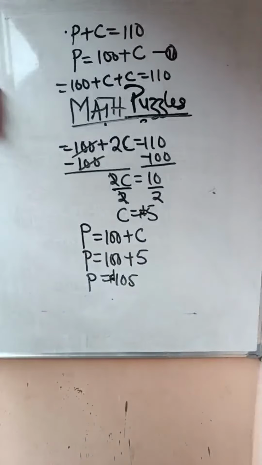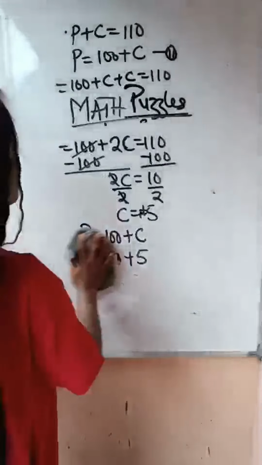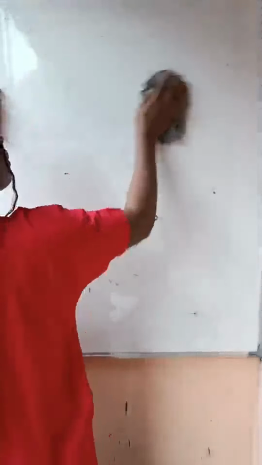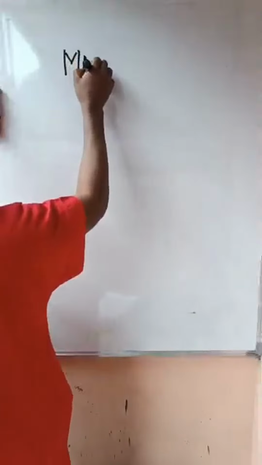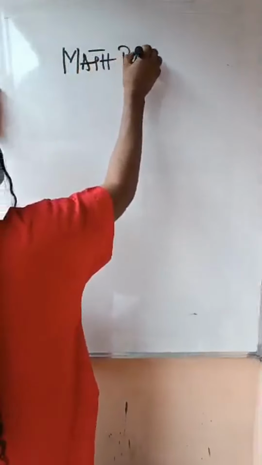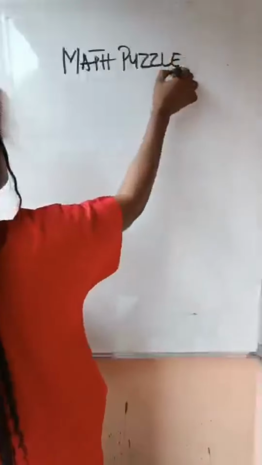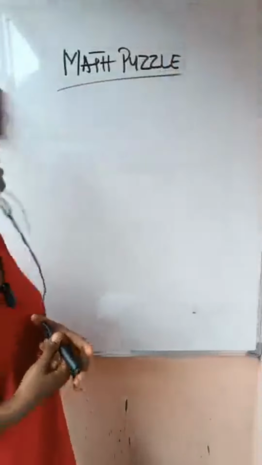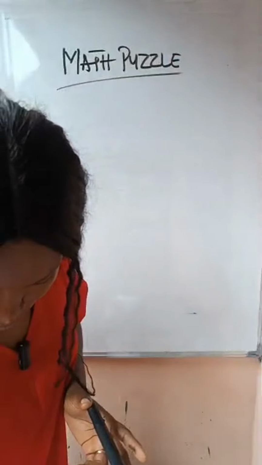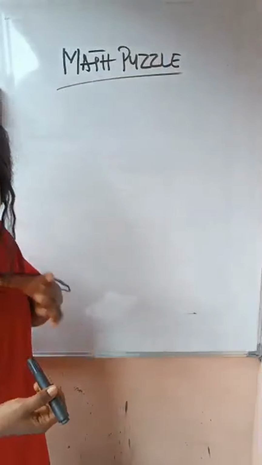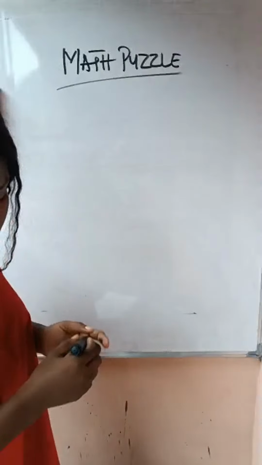All right. Now, this particular question says: how many times can you subtract 5 from 25?